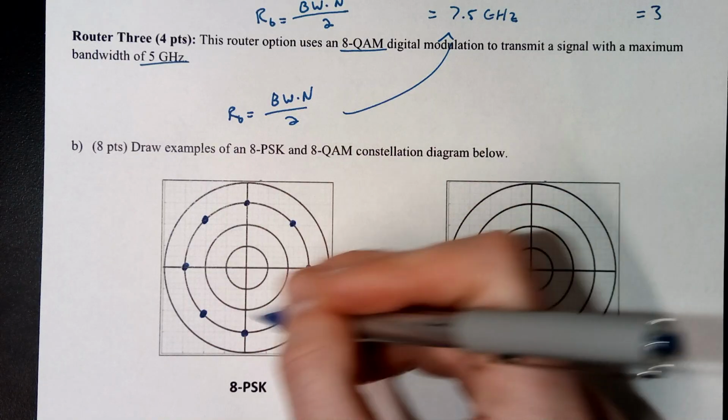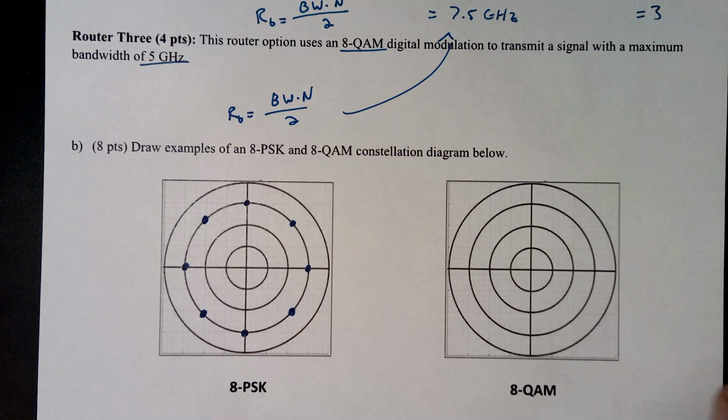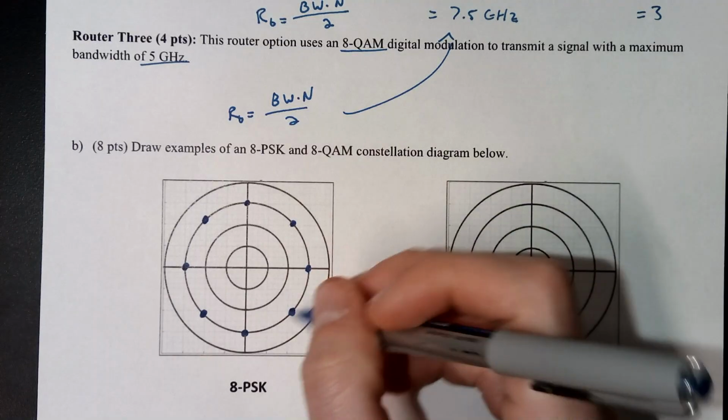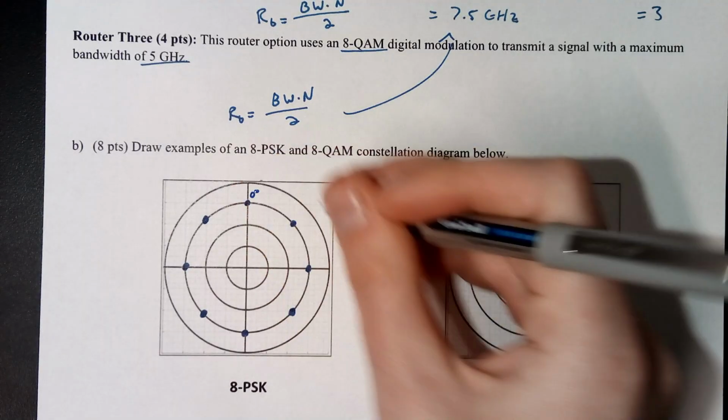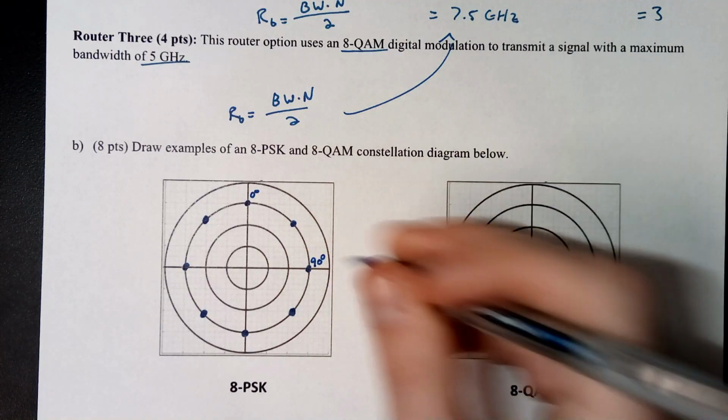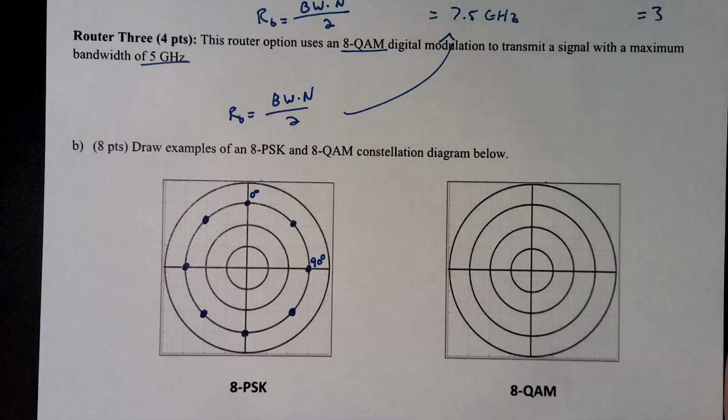You can choose whichever circle you want for your example, but we need to have all different phases, so all different angles. This is 0 degrees, this is 90 degrees, so on and so forth, is how we would label those.